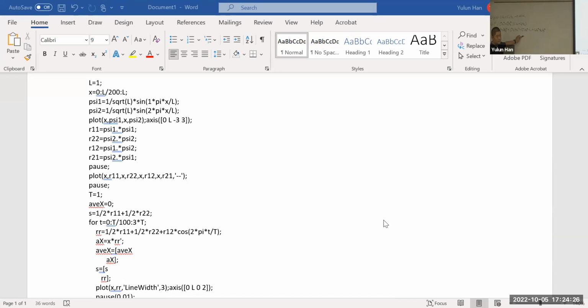So in this case, they are not equal, right? We have two terms.